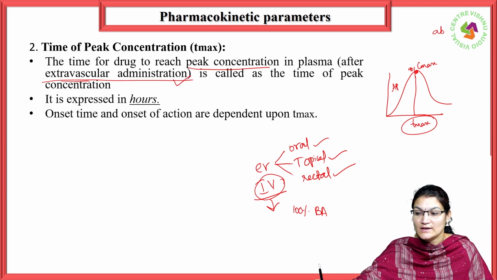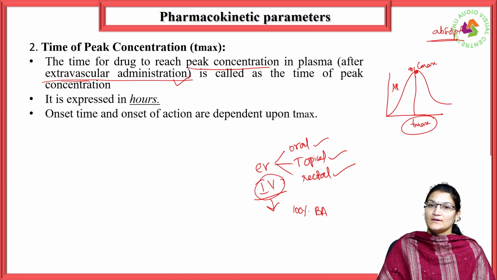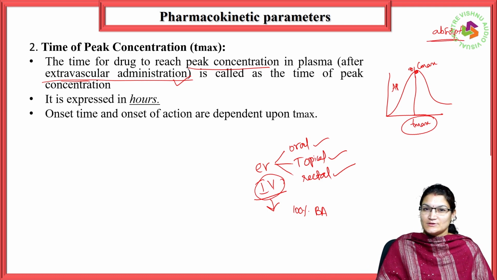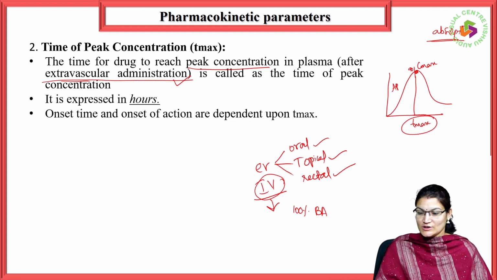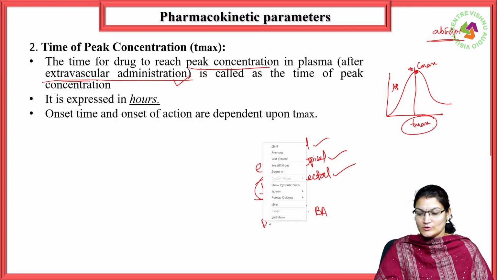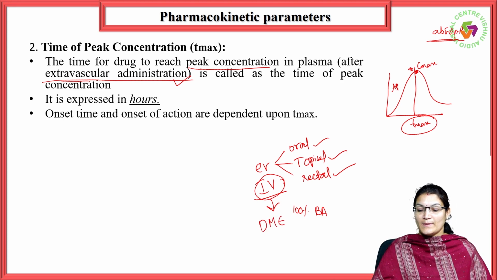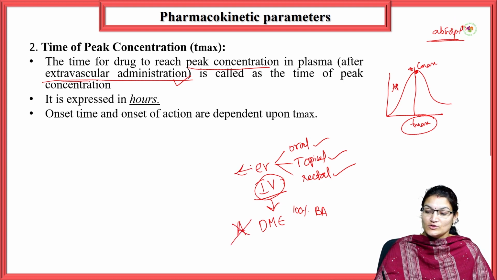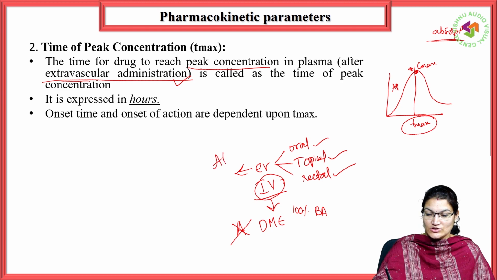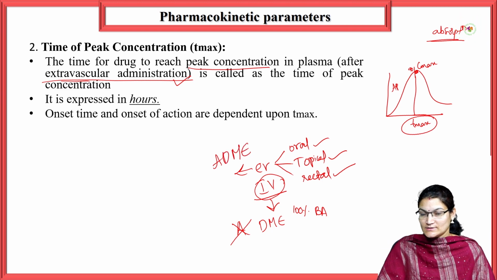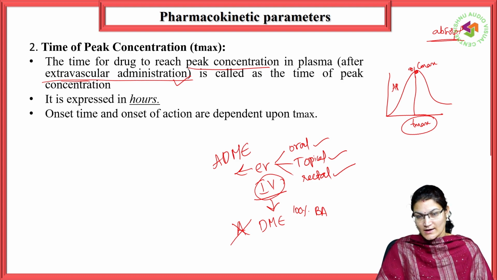Absorption is not seen in the IV route. The other pharmacokinetic processes like distribution, metabolism and excretion are seen in the IV route, but absorption is not. In extravascular administration, absorption, distribution, metabolism and excretion, all four are considered.